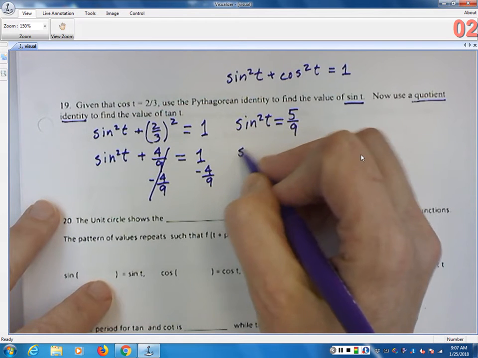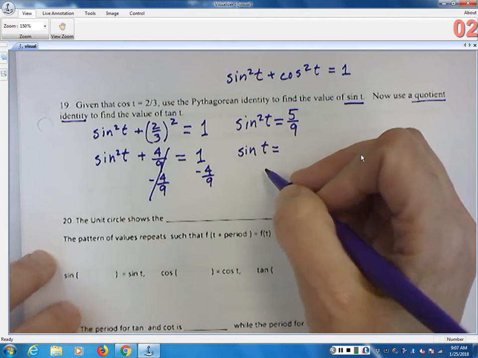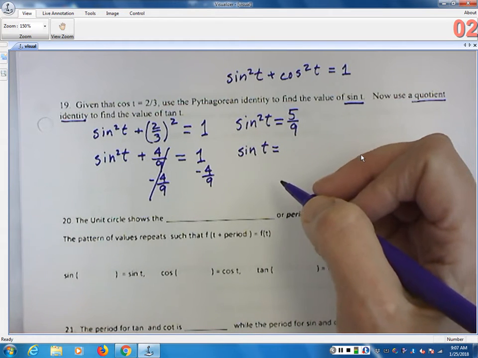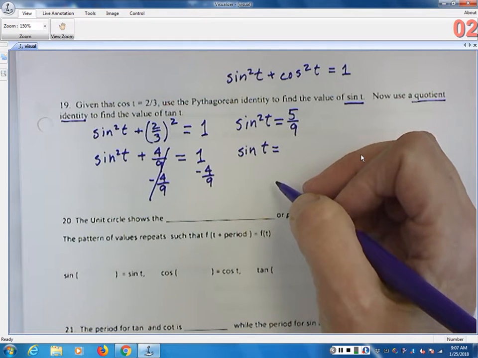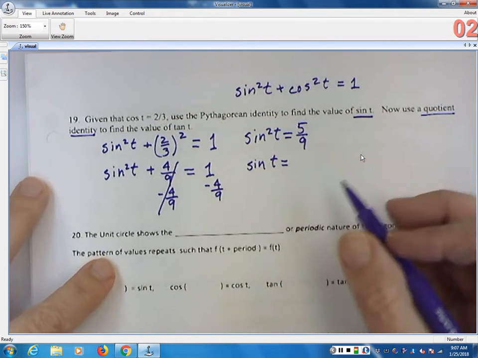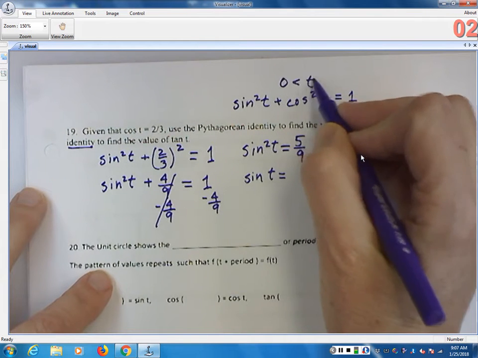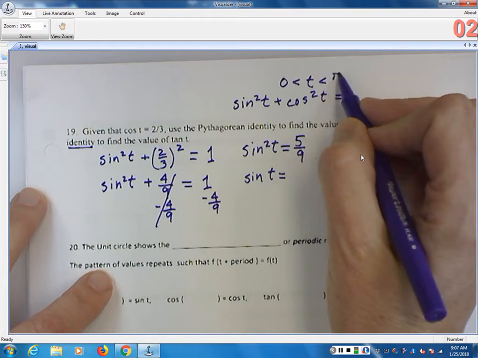We're going to get the sine of t equals... and did it say where it was going to be? I have a note on my copy that we're restricting t to be between 0 and pi/2.